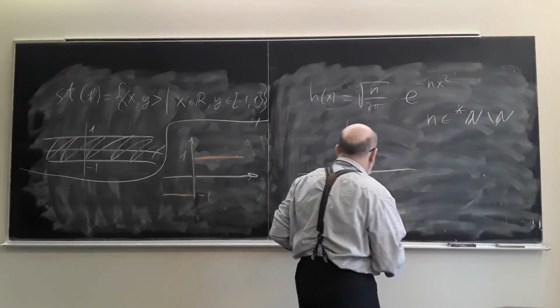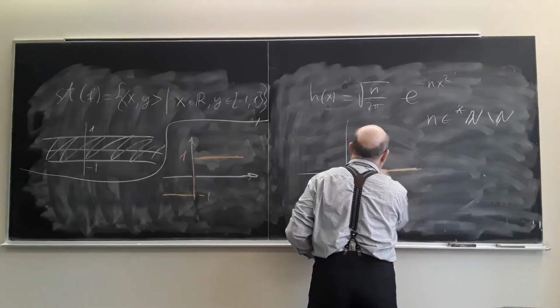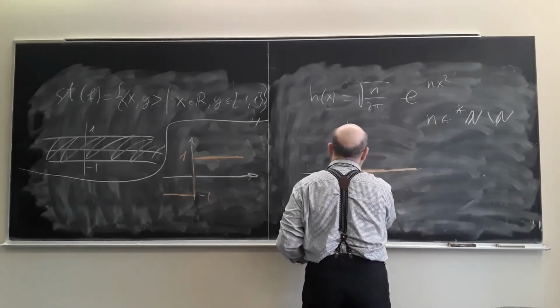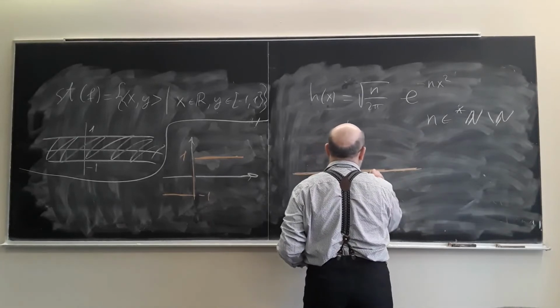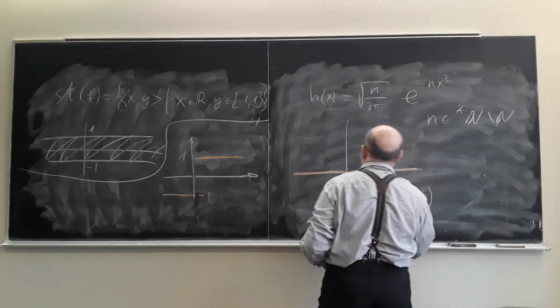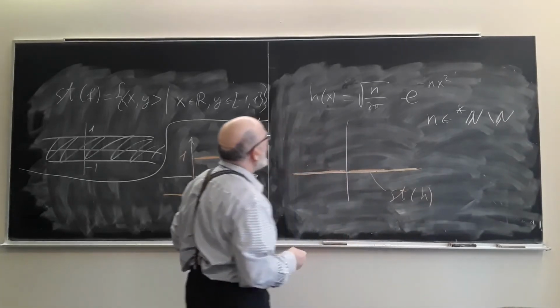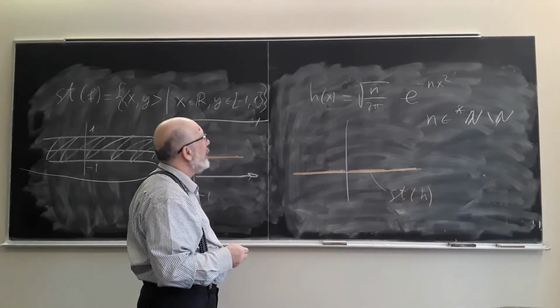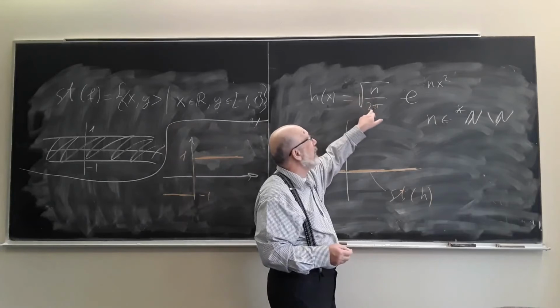So this means that the function for positive and for negative x has standard part of h equal to 0. Now the value at the point 0 equals square root of n divided by 2 pi.